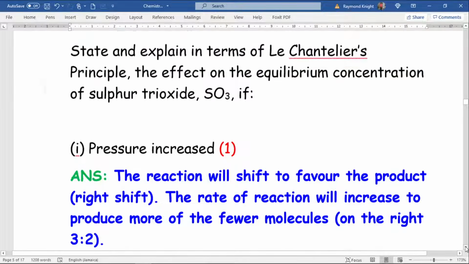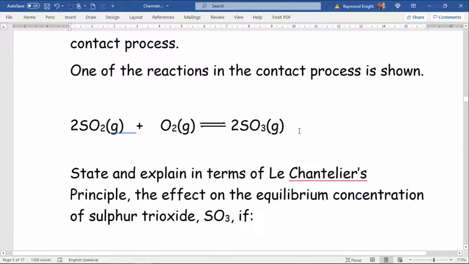So let's go back to the equation. Notice here, on the left side, you have 2 molecules plus 1 molecule. That's 3 molecules in total, right? But on the right side, you have only 2 molecules of sulfur trioxide. So once pressure is increased, it will shift towards the side with fewer molecules to balance off the equation.